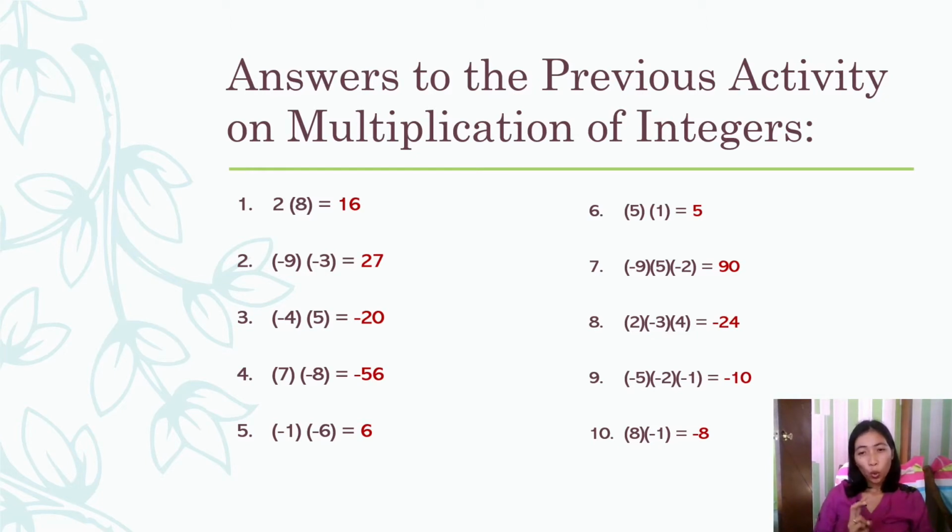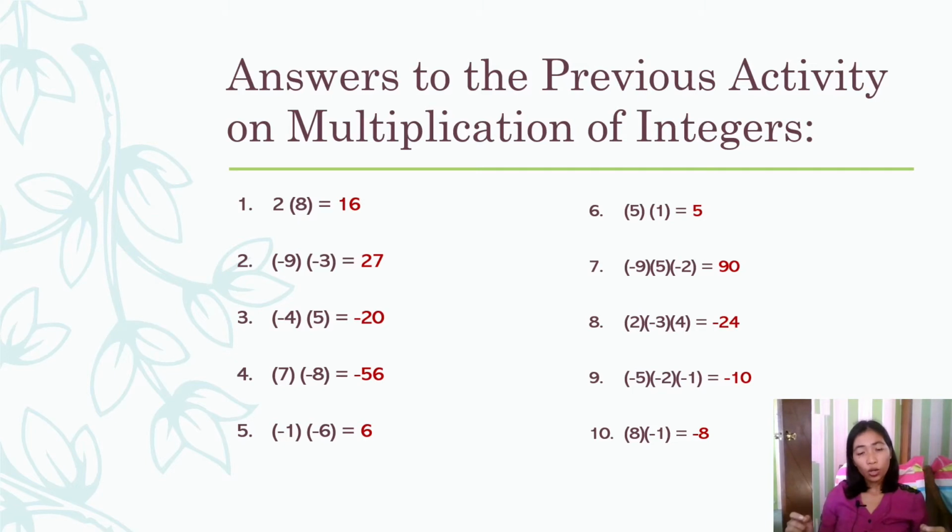Okay. So here we have 3 factors that are being multiplied. Your strategy could be to multiply the first 2 factors first, then multiply the answer with the last factor to determine the sign of your answer.